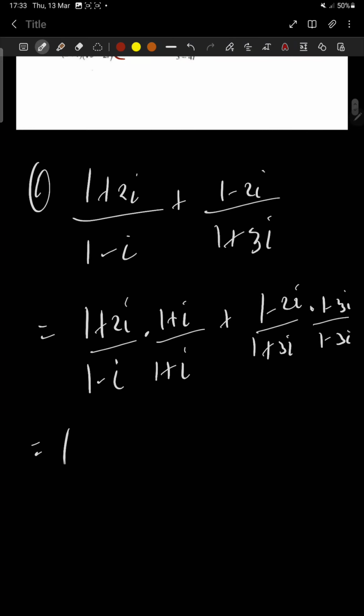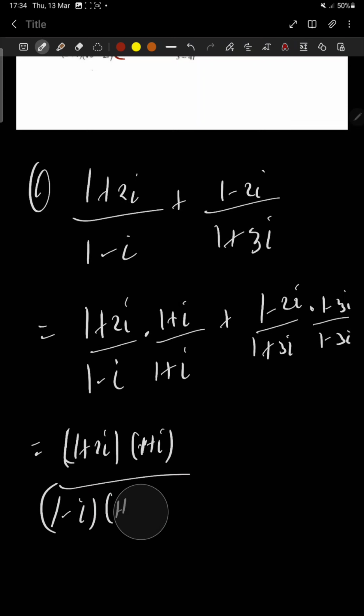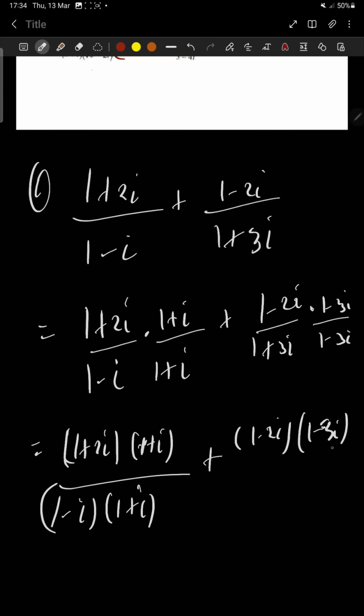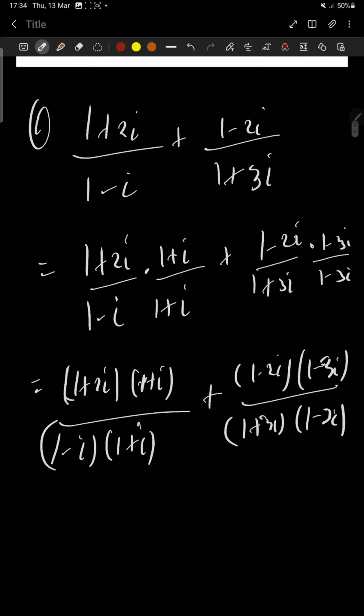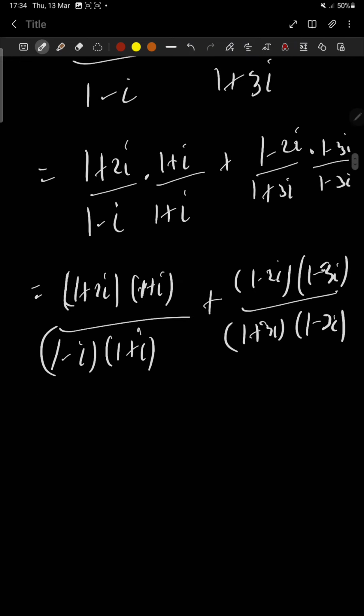And now let's expand. This will be 1 plus 2i multiplied by 1 plus i over 1 minus i multiplied by 1 plus i, plus 1 minus 2i times 1 minus 3i over 1 plus 3i times 1 minus 3i. We're just going to rationalize each denominator there. So here you can expand.